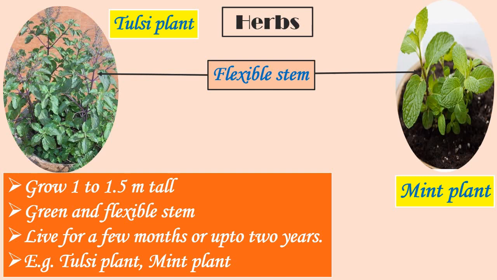Herbs may live for a few months or up to 2 years. In general use, herbs are plants with aromatic properties that are used for flavoring and garnishing food. For example, mint. Some of the herbs are also used for medicinal purpose. For example, tulsi plant.